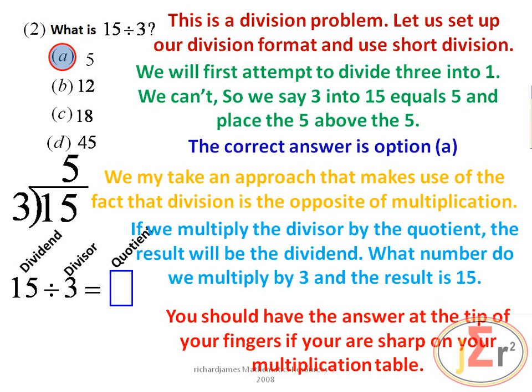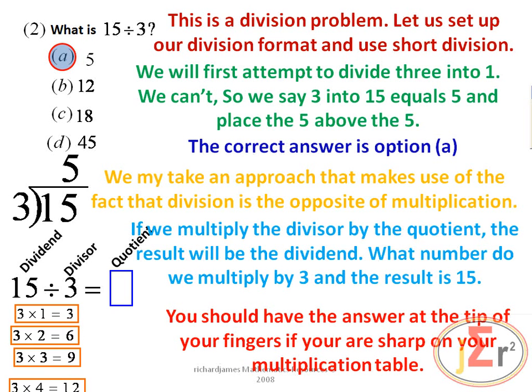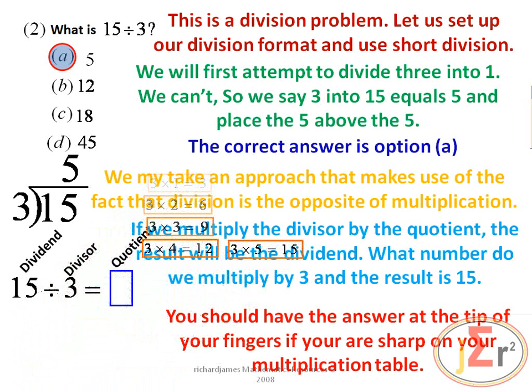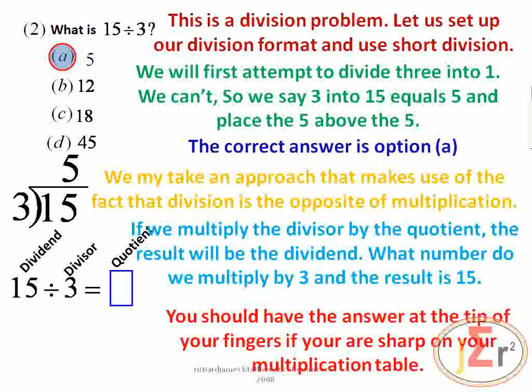So we are just going to give you a glance. There it is. And the answer is 5. 5 is the number that we multiply by 3, and the result is 15. Therefore, if we divide 15 by 3, the result is 5.